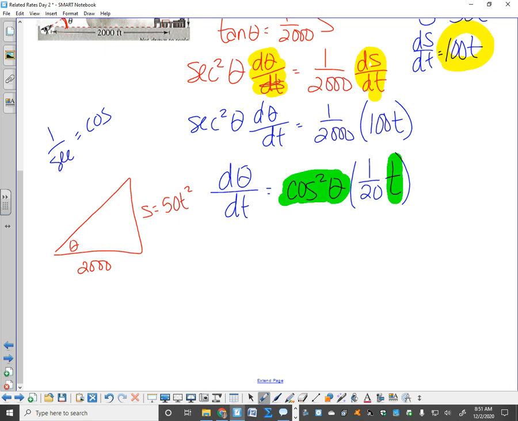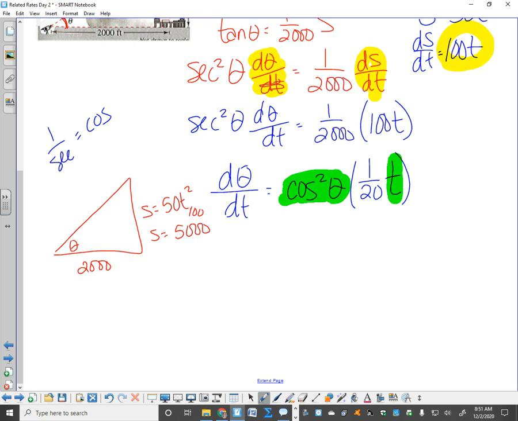T is 10. So 10 squared is 100. 100 times 50. Let's try this again. T is 10. 10 squared is 100. 100 times 50, it's 5,000. Sorry, distracted. Okay, S is 5,000.